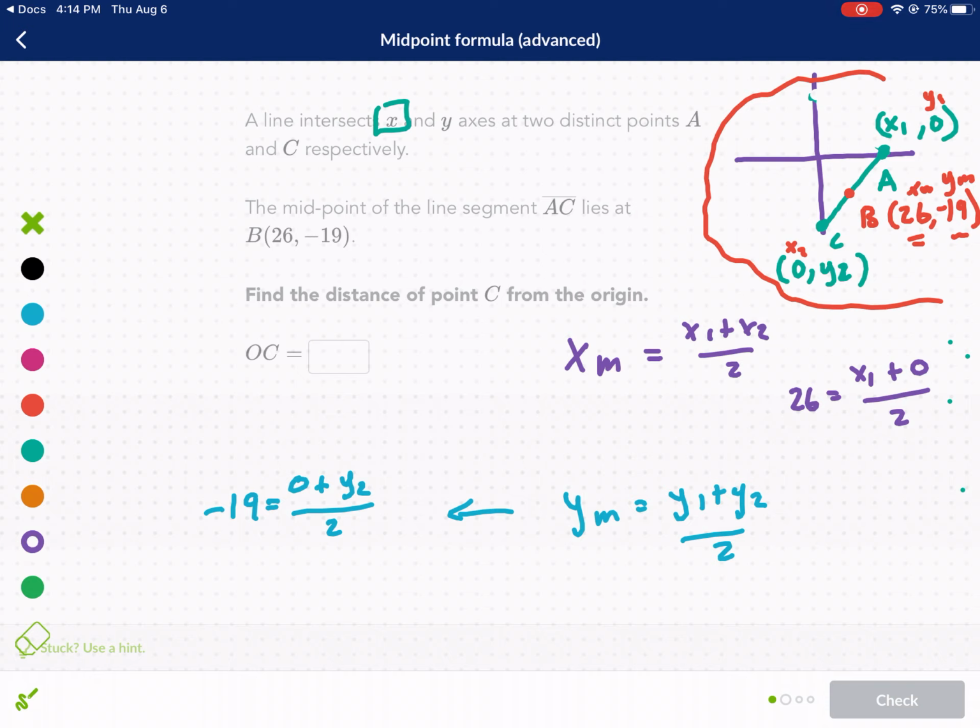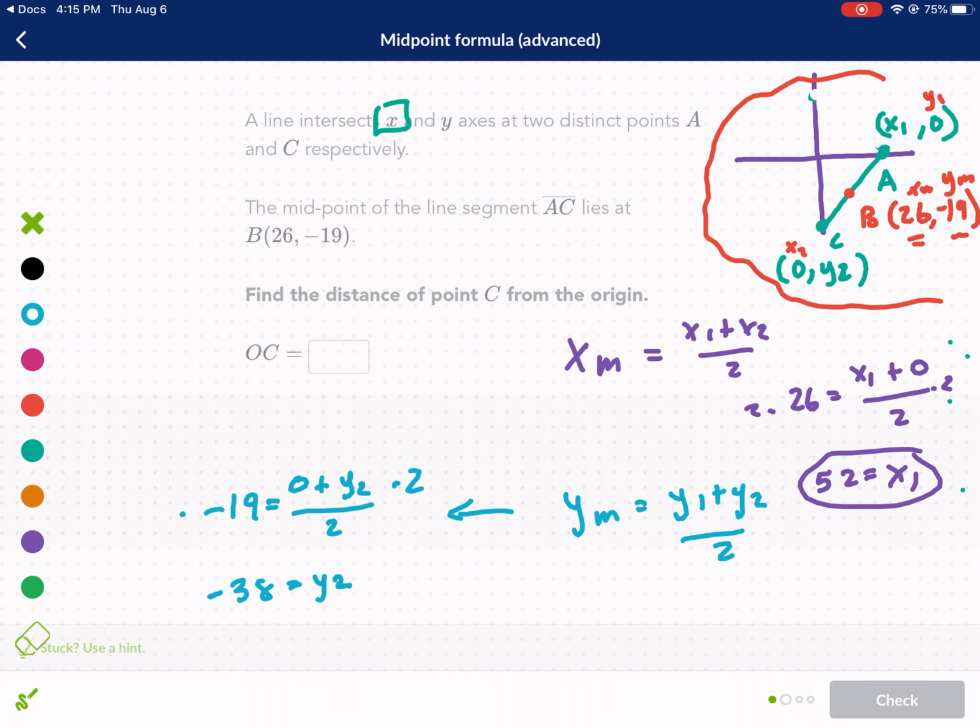The purple one, we're going to multiply both sides by 2 to solve for x, and we get 26 times 2, which is 52, equals x1. There's our first value, and then we get y2. Sorry, I had to locate it for a second. We're going to multiply by 2. We get negative 38 equals y2.